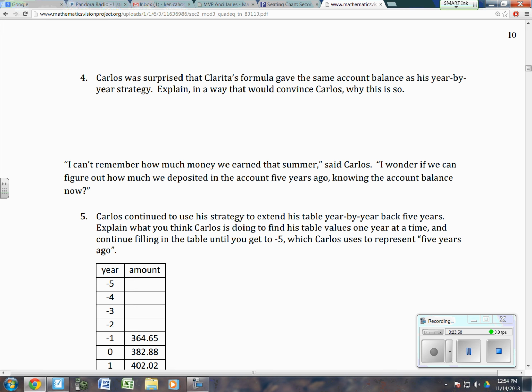Hey, who would like to explain why is that the case? Okay. Christian? Kurt? Why does the formula work the same way as making the table year by year? Why does that work? Well, let me write it out this way.